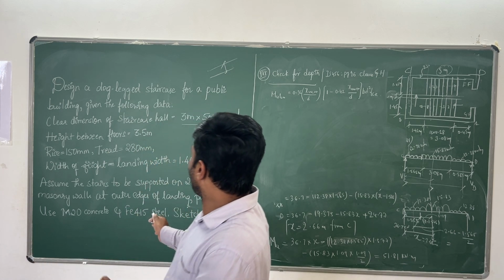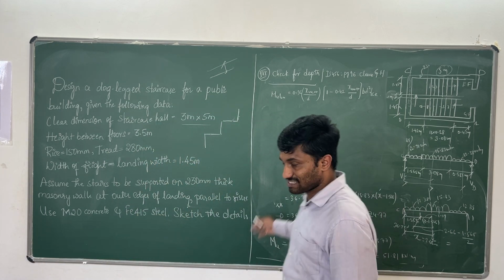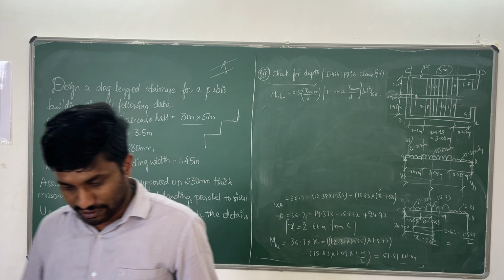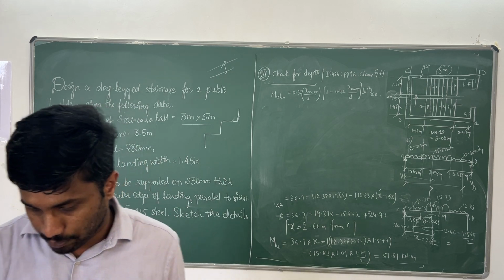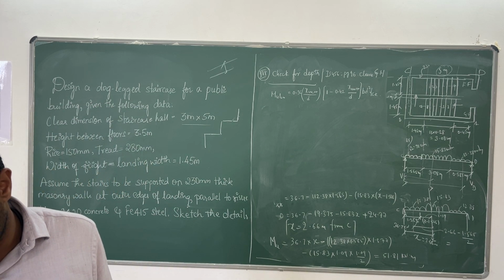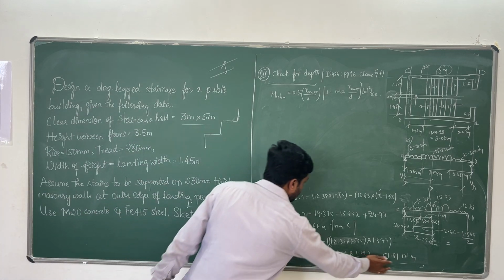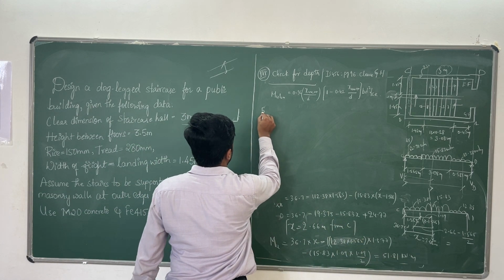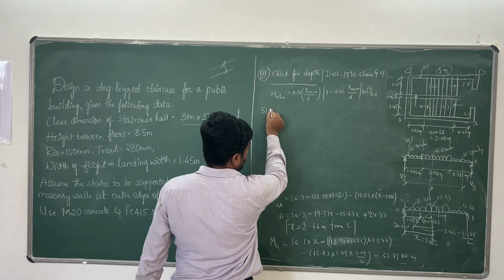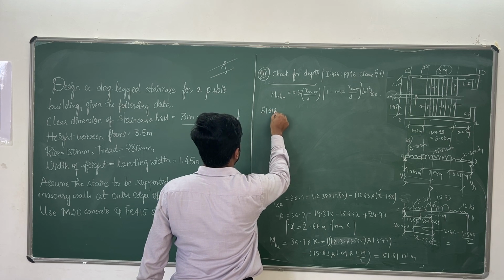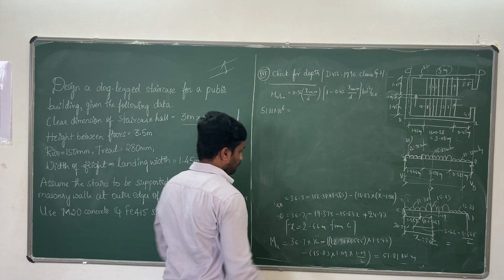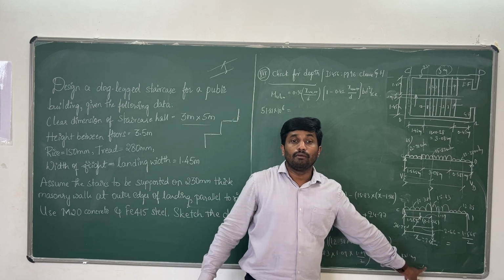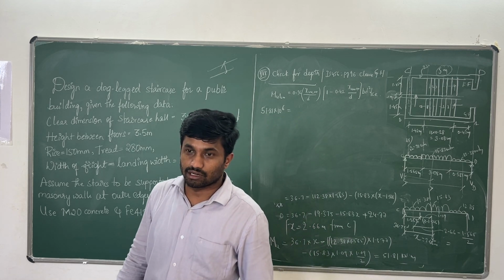For the depth, we have adopted the waist slab and all the things. We know that. So now you just compute the value 51.81. This is kilonewton meter, so you have to convert to Newton millimeters: kilonewton is 10 power 3, meter to millimeter is 10 power 3, so 10 power 6.